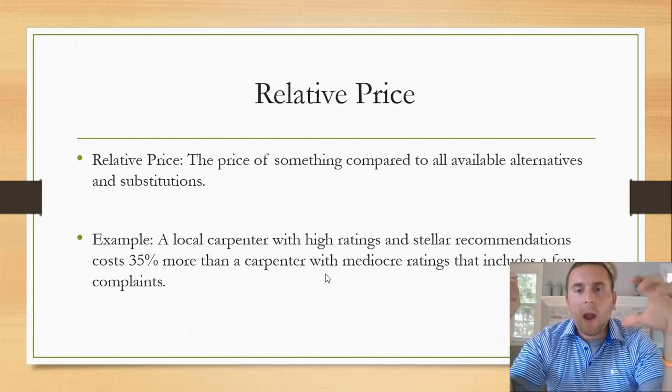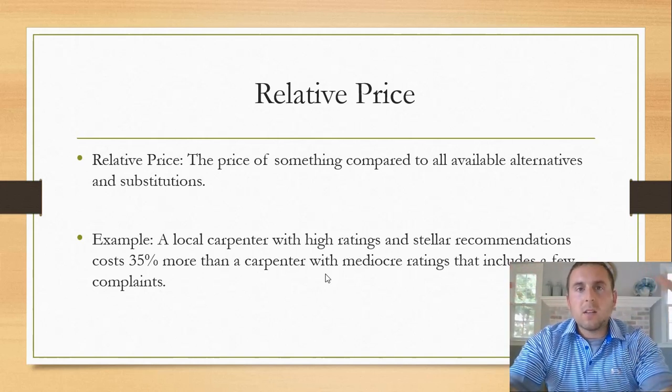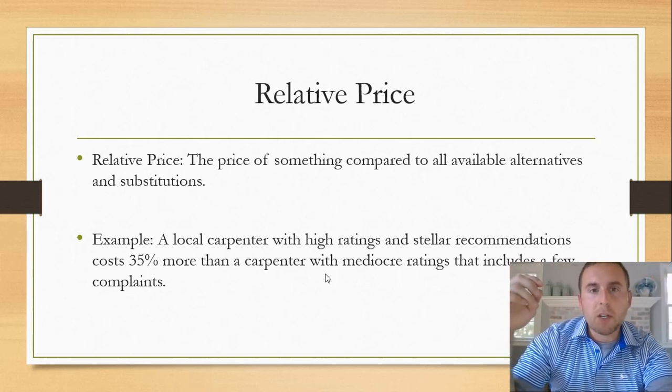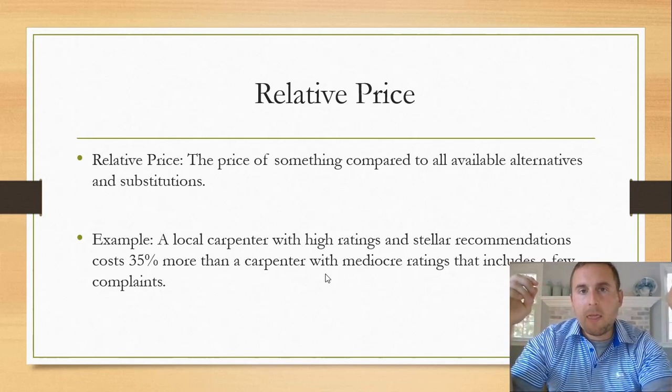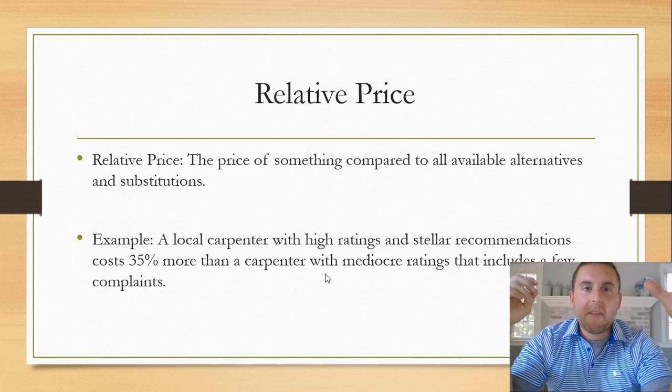Then this person with these great ratings looks around and says, well, there's this other carpenter down the street and they have not great ratings. They have some complaints that they didn't do the job right.